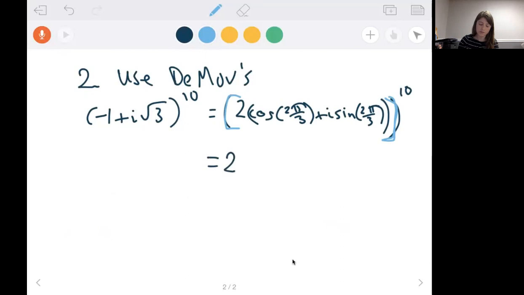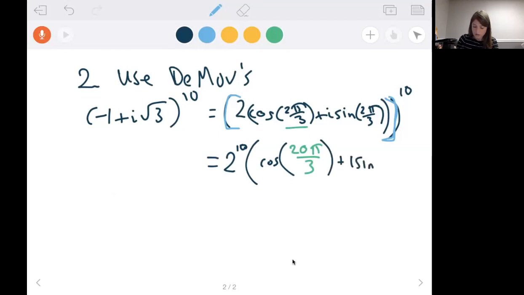And at this point, now we can use de Moivre's theorem. So in this case, let's switch our colors back. De Moivre's theorem says, raise your radius to the power, the 2 to the 10th, and then cosine of, use that 10 as a multiplier on your angle. So we're going to have 10 times 2 pi over 3. Now, I'm just going to write 20 pi over 3, and I'll put it in a different color to emphasize that multiplication by 10.